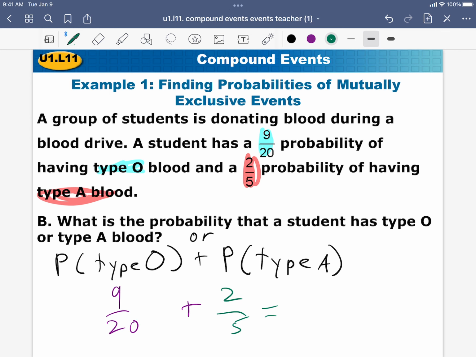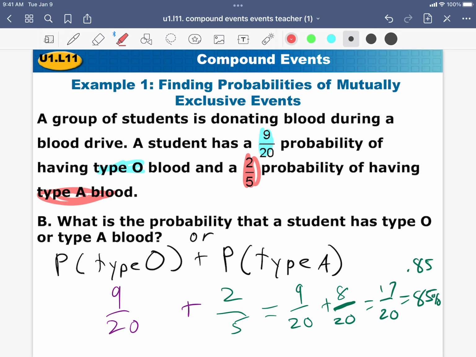So we can add those up. We can either type them in a calculator or we can add them up by finding a common denominator. So 9 out of 20 plus 8 out of 20 is 17 out of 20. If you type that in a calculator, you might have gotten 85% or 0.85. So any of these three answers will work, either 17 over 20, 0.85, or 85%.